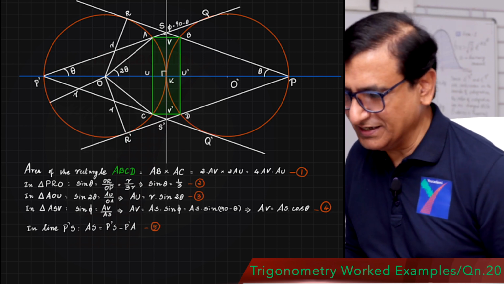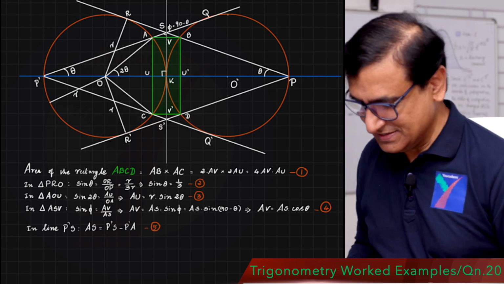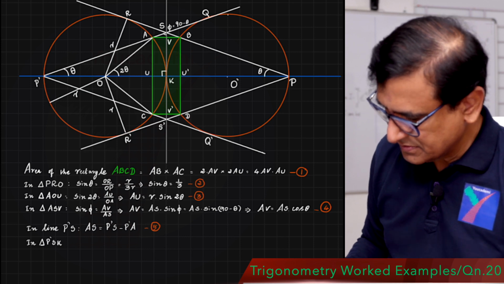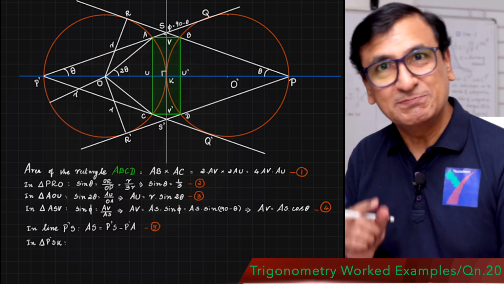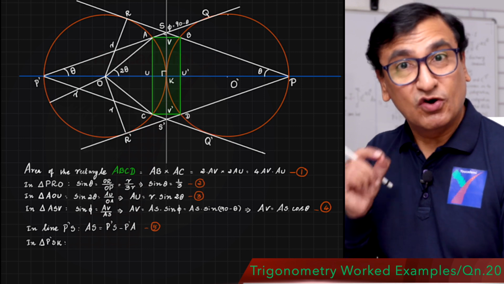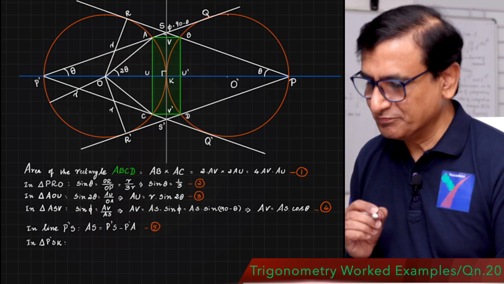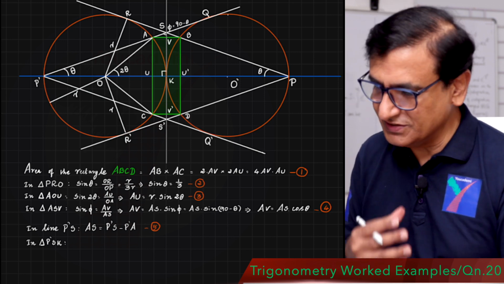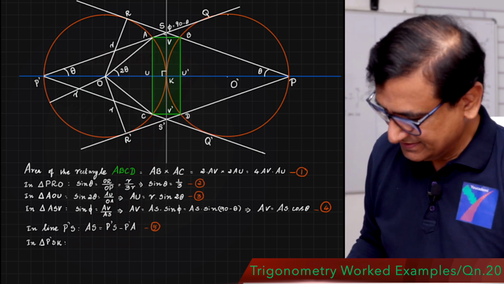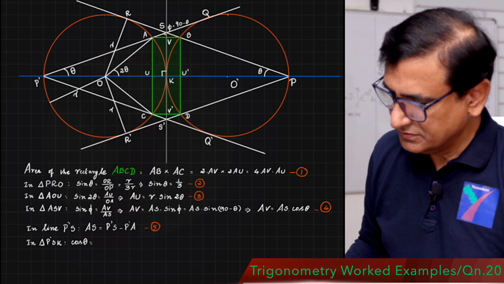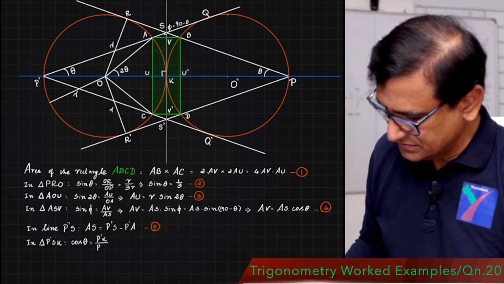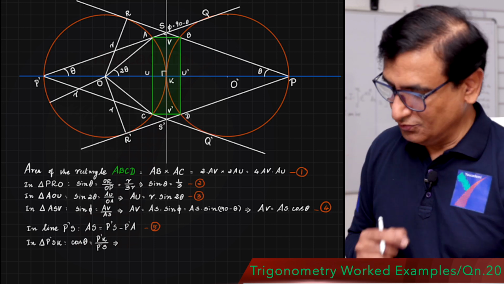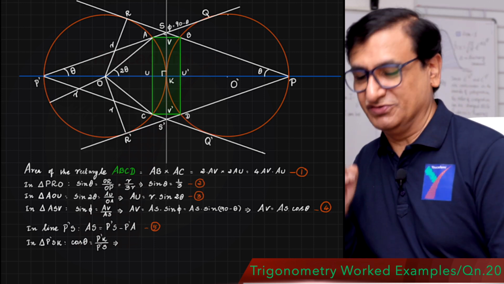Let's look at the triangle P prime SK. In triangle P prime SK, cos theta would be P prime K, that is the adjacent side, divided by the hypotenuse, that is P prime S. Which implies P prime S would be P prime K divided by cos theta.